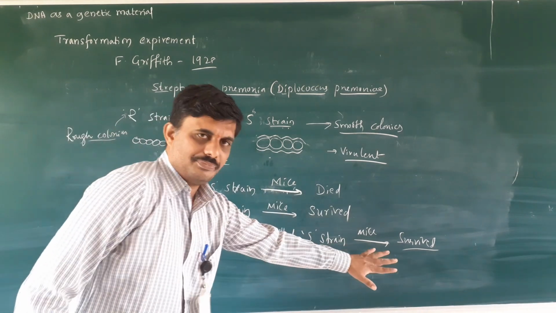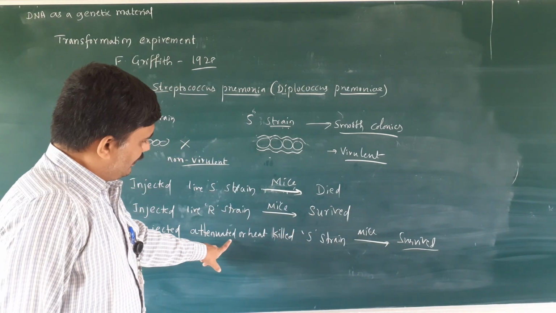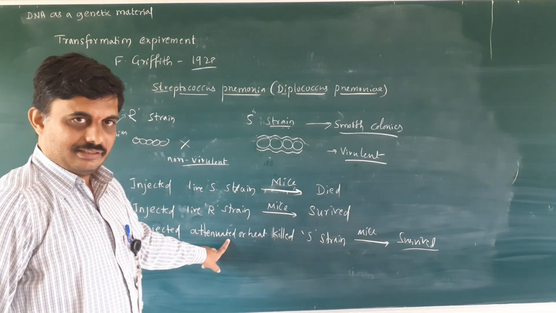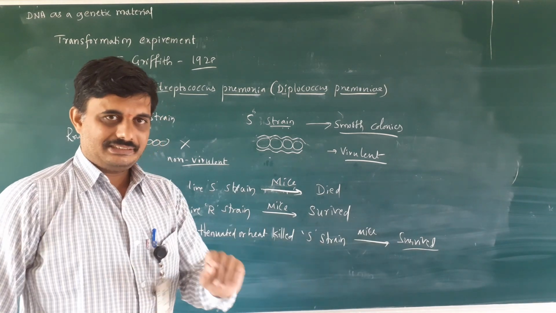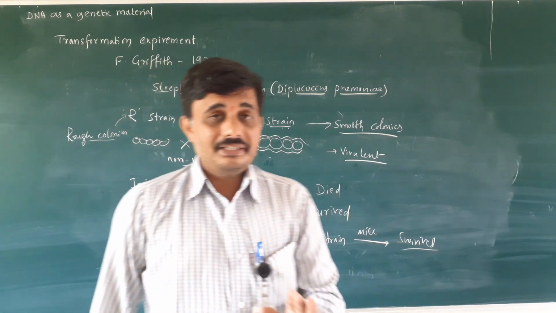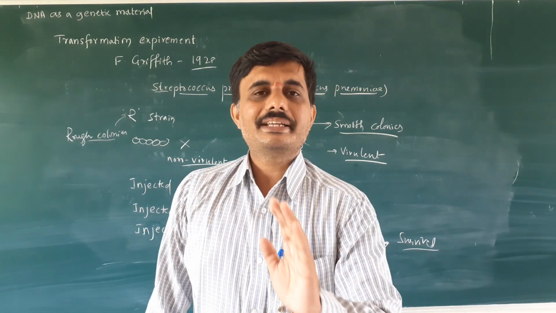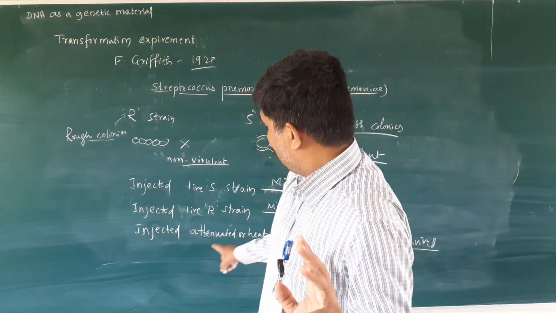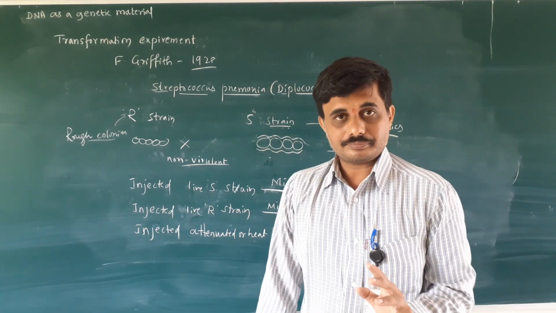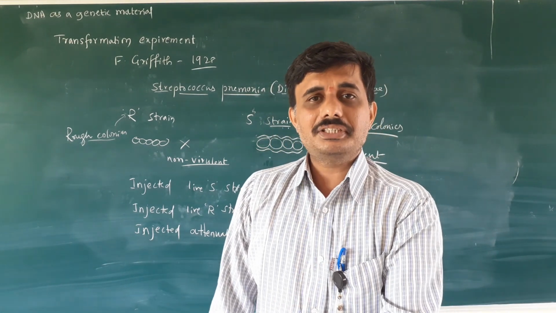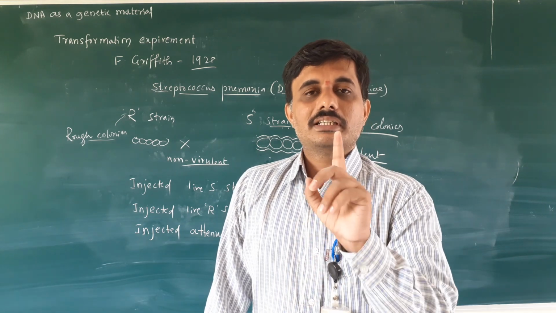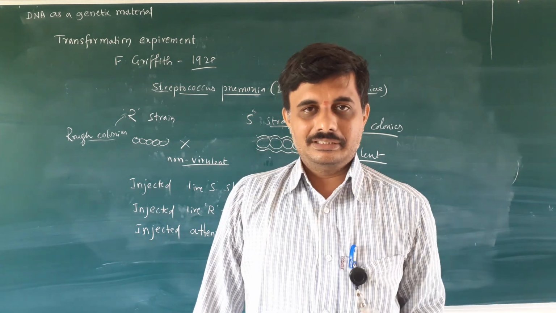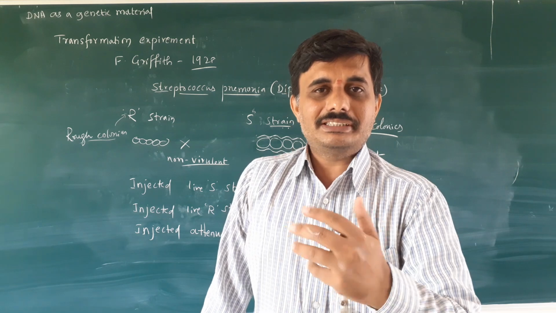Why did they survive? When bacteria or viruses are heat-killed or attenuated, they lose the capacity of virulence, they lose the capacity of pathogenicity, they lose the capacity to cause the disease.